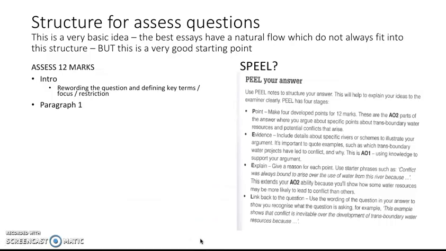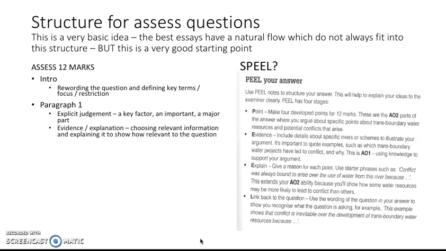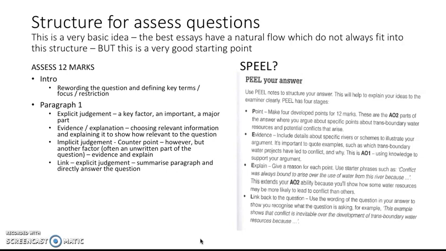So, going back to what we saw in the earlier sessions of these videos, looking at how we can put that information into a structure. We have the introduction, rewording the question, and then in the paragraphs themselves, we need an explicit judgment, we need the evidence and explanation, we need an implicit judgment, therefore a counterpoint, using terms such as however, but, and then we need to link it directly back to the question with an explicit judgment again.